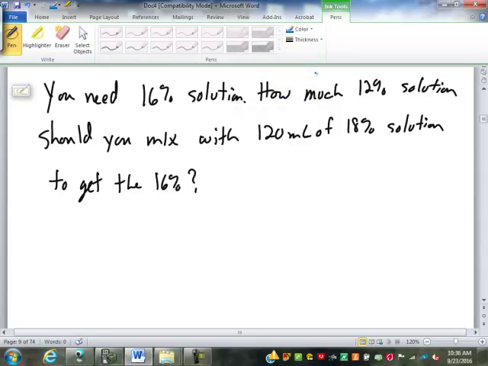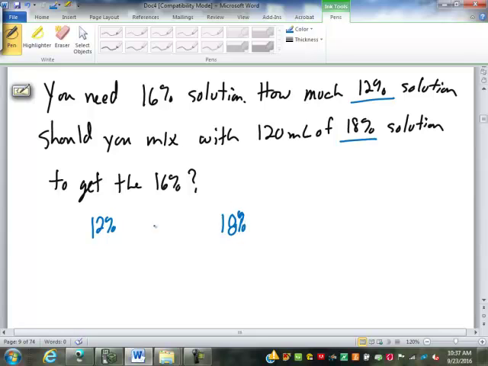So the question here is, what percents are in our ingredients here? Well, we have 12% being mixed with 18%. I purposely worded that problem a bit backwards from what we were doing last week because it's a little tougher to pick out the ingredients here.